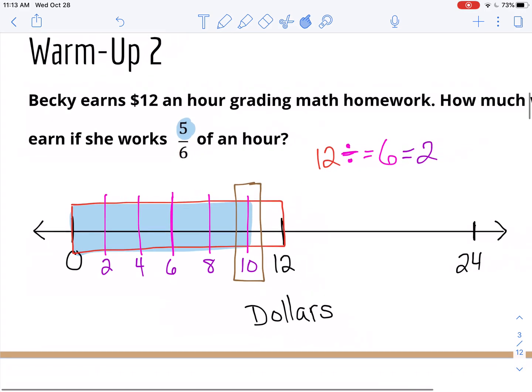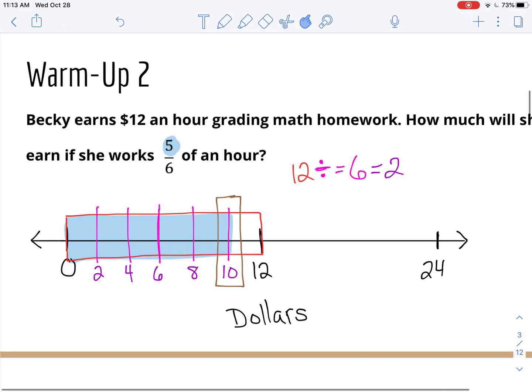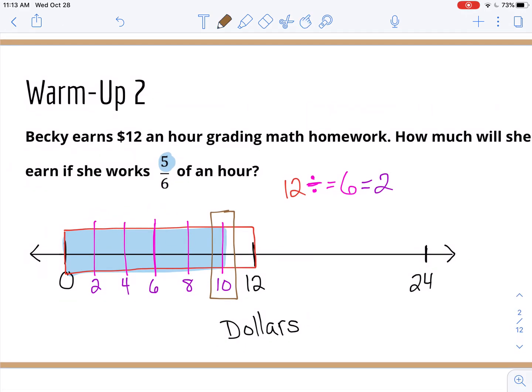She should make $10. So our multiplication sentence for this is 5/6 times 12, because that was the whole. So part of $12 is $10, because part of an hour is 5/6 of an hour.